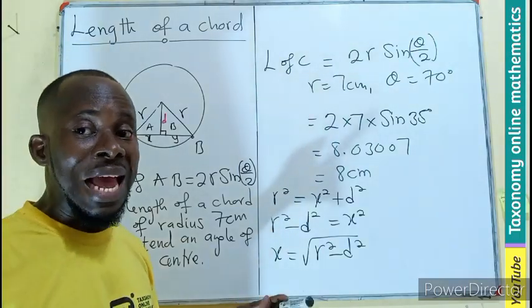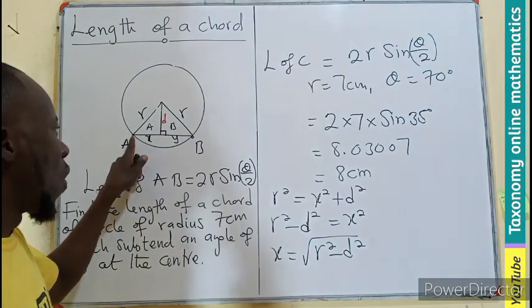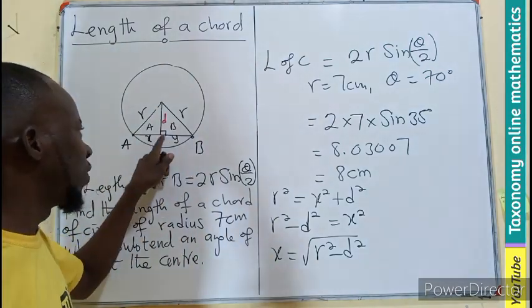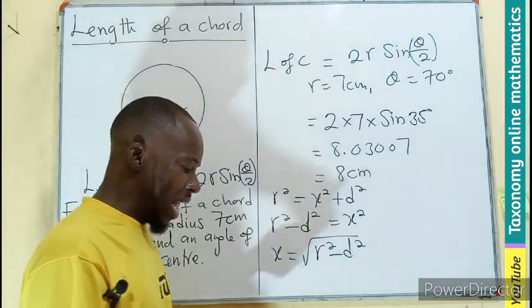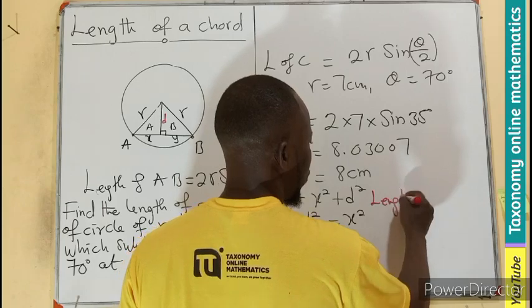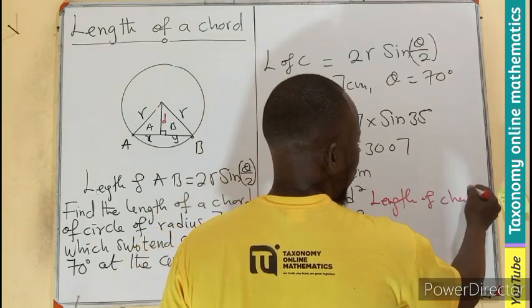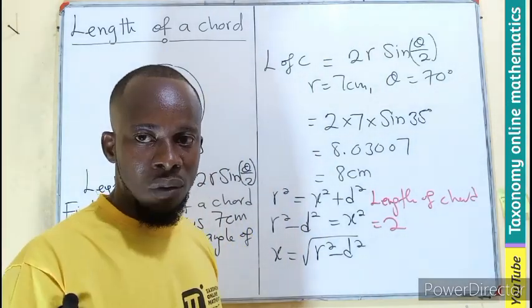But are we looking for x as a value? No. We are looking for the length of the chord from A to B, x plus x, which are the same. So if I know the value of x, then it means the length of chord is going to be 2 times the value of x.